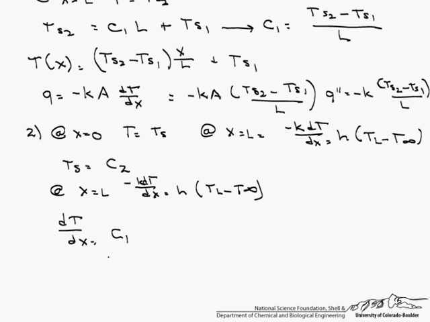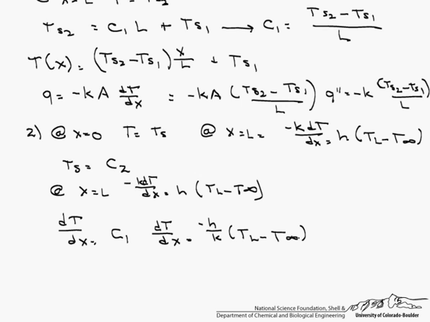So what is our C1? We look over here: dT dx equals minus h over k times T of L minus T infinity.